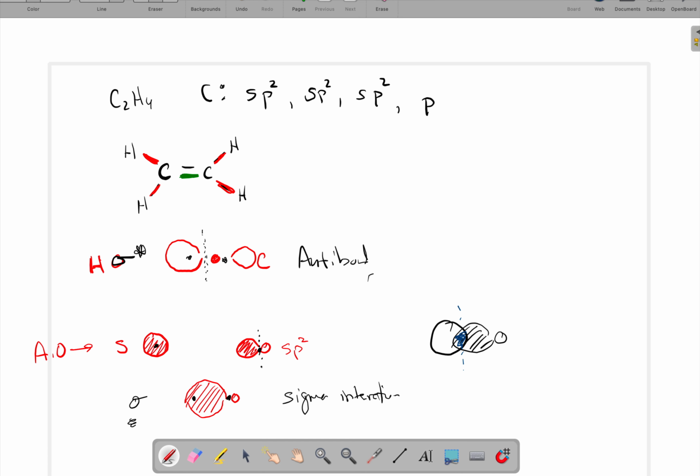I don't get electrons because they're opposite phase. That's this dotted line. So we're saying if it's either all positive or all negative, that's what happens with the S orbital. If your orbitals match phase, they will increase. Matched phase is lower in energy. Okay?